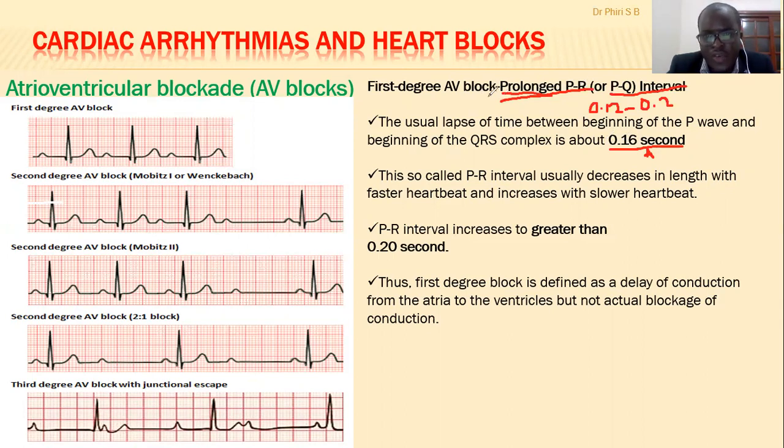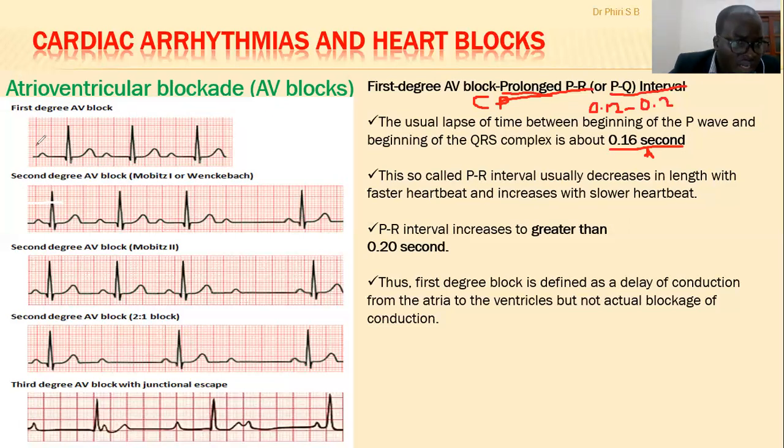Mark the word consistently prolonged, meaning that this prolongation of the PR interval should always be the same in terms of the time or duration. From the beginning of the P wave to the beginning of the QRS complex is called the PR interval or PQ interval, because sometimes you don't have the Q wave, so it's also referred to as the PR interval.